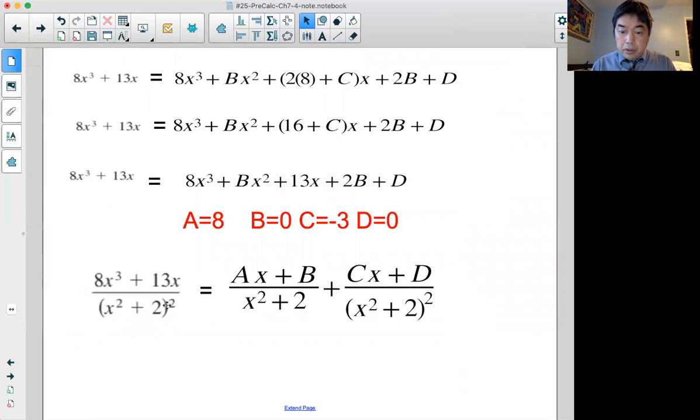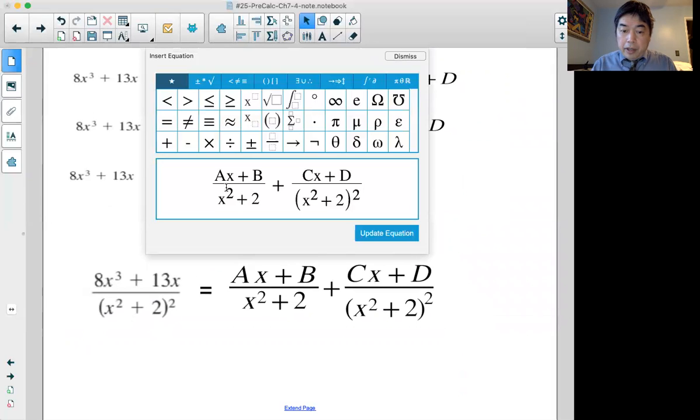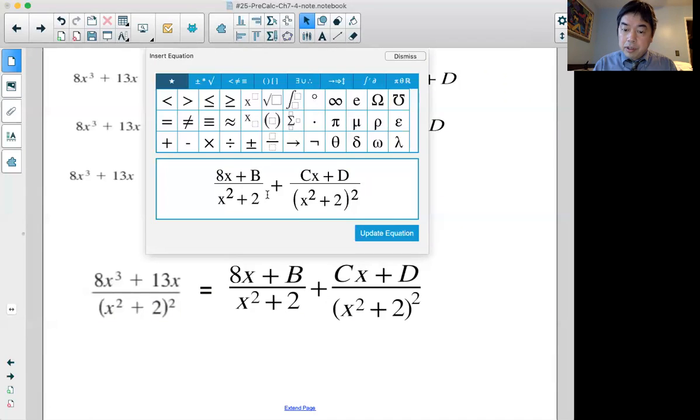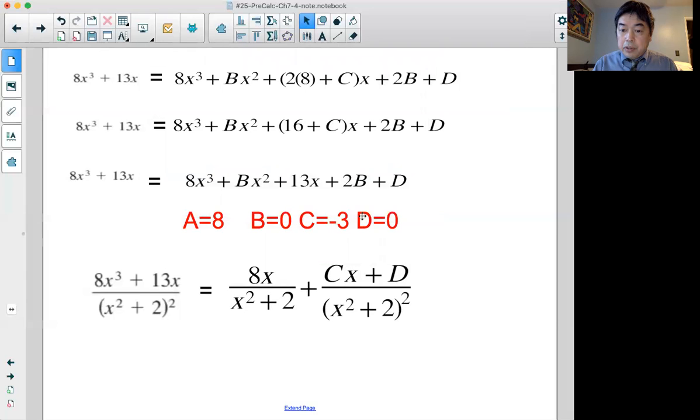Okay, so a equals 8, so this is going to be 8 here. b equals 0, so just don't write anything. c equals negative 3.